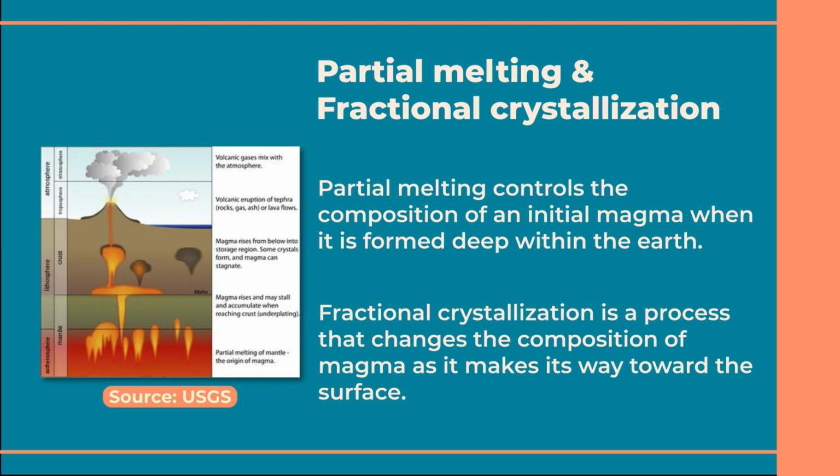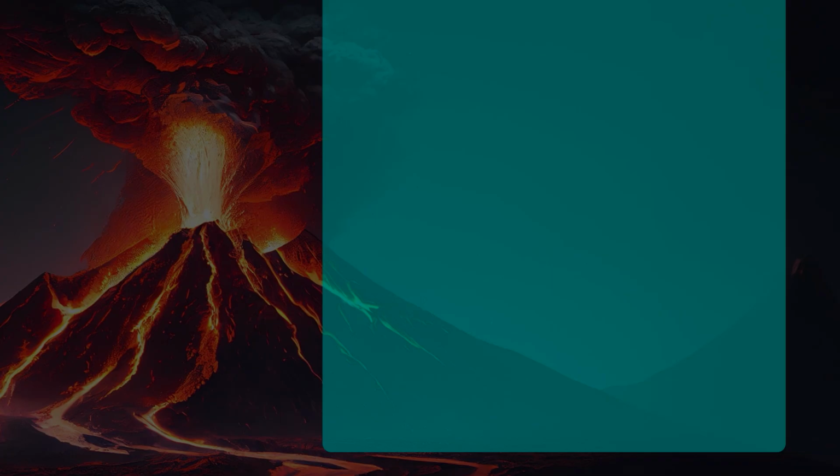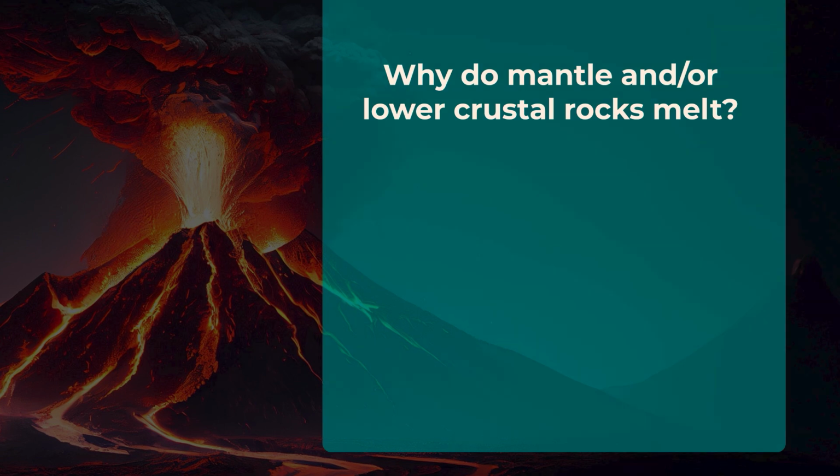In other words, magmas originate in the upper mantle and undergo partial melting under such physical conditions. Some magmas also result from the melting of rocks in the lower regions of the continental crust. Why do mantle or lower crustal rocks melt?